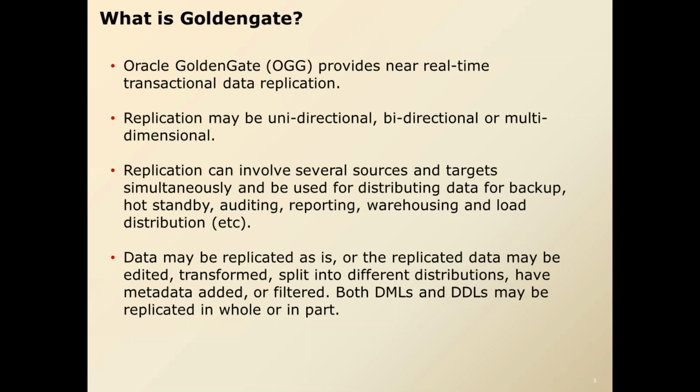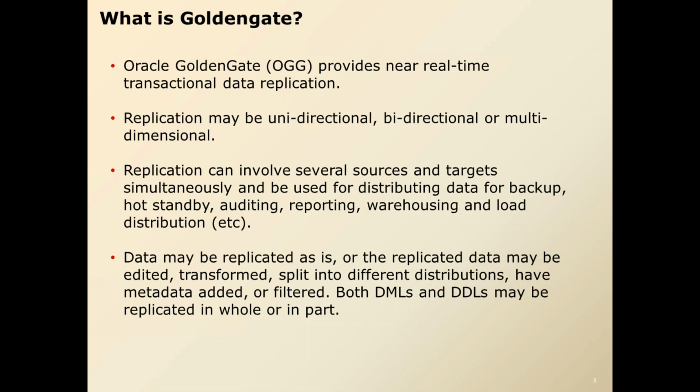With Goldengate, the capability is it supports unidirectional replication and bidirectional replication as well. That is, the application can be connected to any of the environments and replication will happen to the other environment. Or you can do it at a multidimensional level.